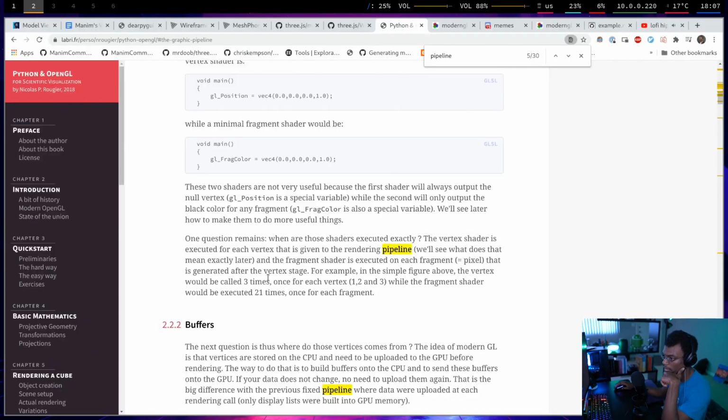Okay, so let me look into this rasterization. The vertex shader is executed for each vertex, and the fragment shader is executed on each fragment. It says equal to pixel here, but I know it's not exactly pixels. Vertex would be called 3 times, one for each vertex. Fragment shader would be called 21 times, one for each fragment.